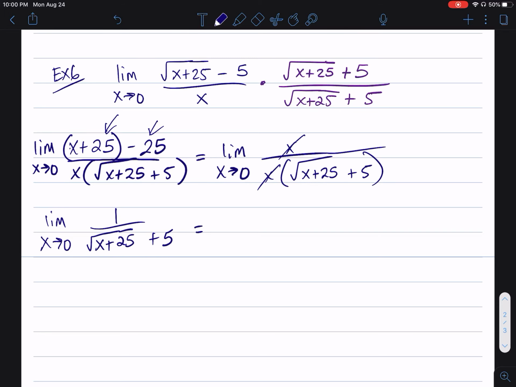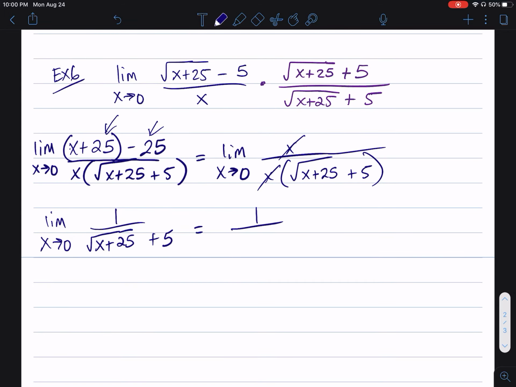Now I'm going to try and plug that 0 in. So that's going to end up being the square root of 25 on the bottom, which is 5. 5 plus 5 is 10. So 1/10.